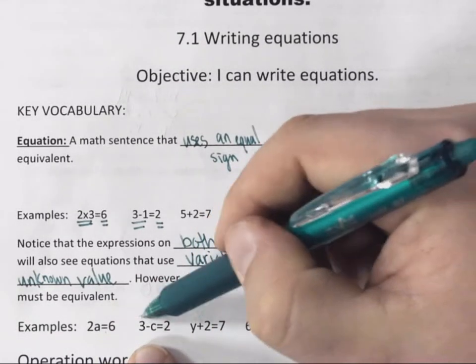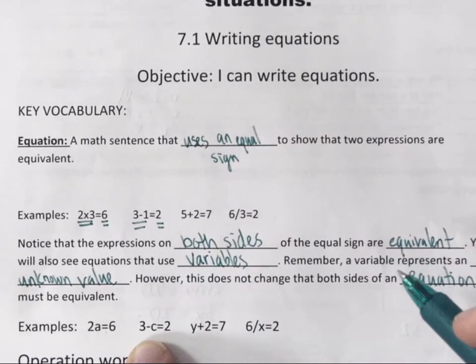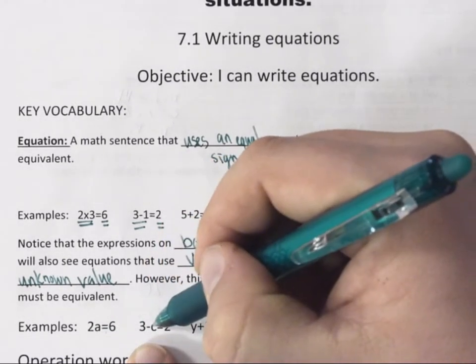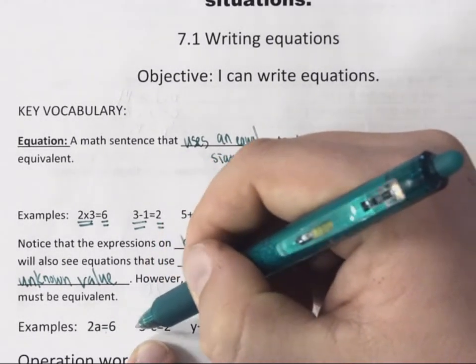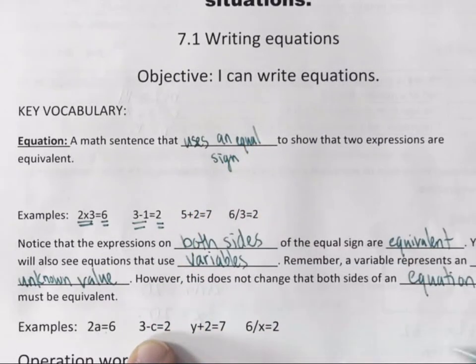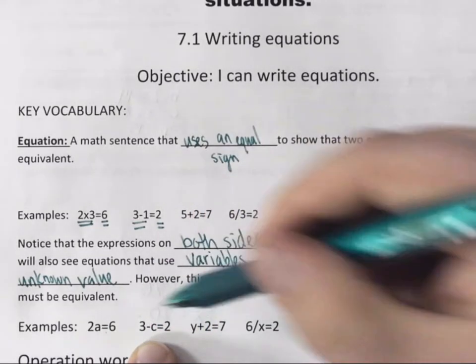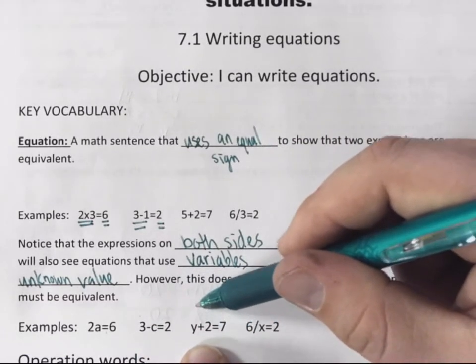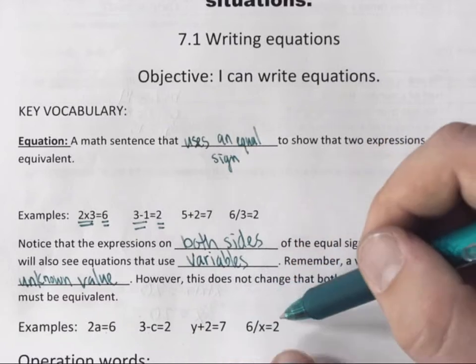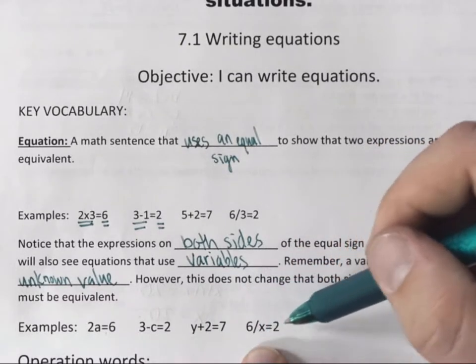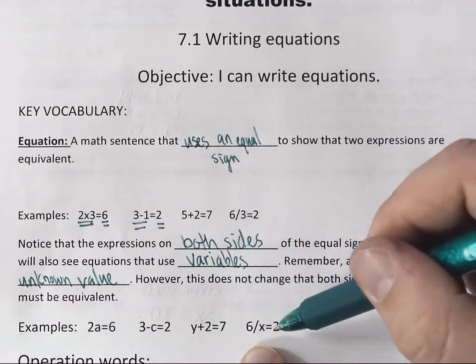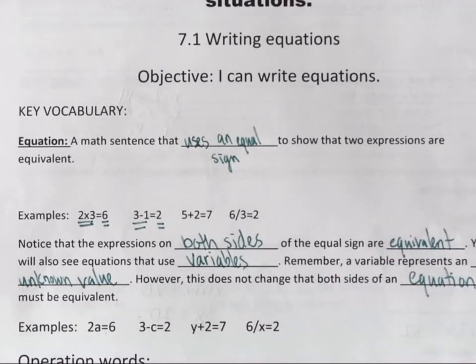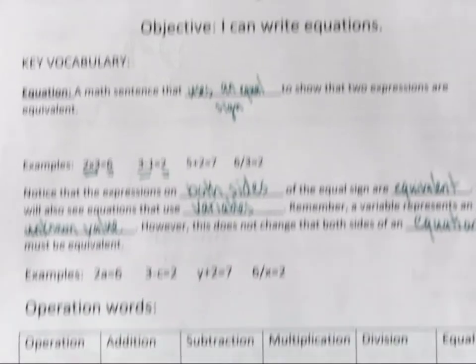In order for this statement to be true and balanced on both sides, what does c have to be? Well, c must be 1, because 3 minus 1 is 2. What would y have to be? You're right, it would have to be a 5 in order to equal 7. 6 divided by x equals 2. So what would x have to be? x must be 3. So keep this idea in mind: even when we're using variables, both sides of an equation must be balanced or equal.